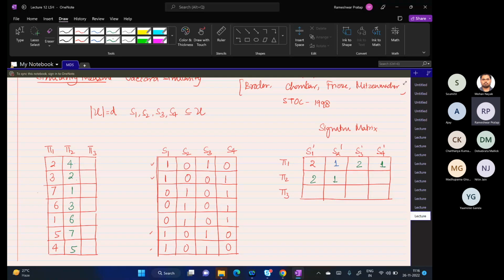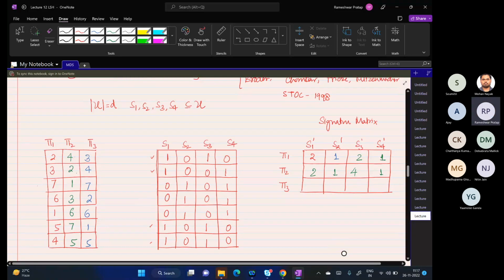For S3, it is 4. For S4, it is 1. Suppose we take another permutation, say 3, 4, 7, 2, 6, 1, 5. So again, what will be the values?